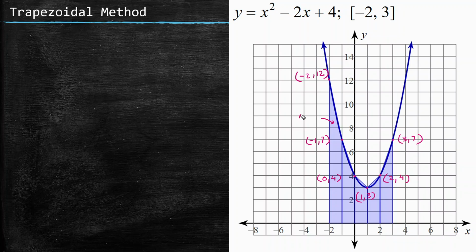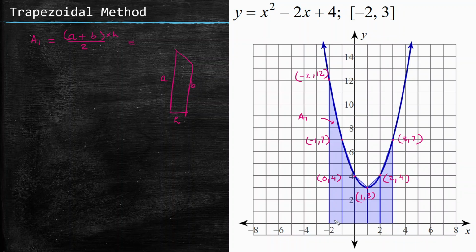So let's say this is area A1. According to the trapezium rule, the formula to find the area is: if you have a trapezium like this, this is a, this is b, and the gap between them is h.